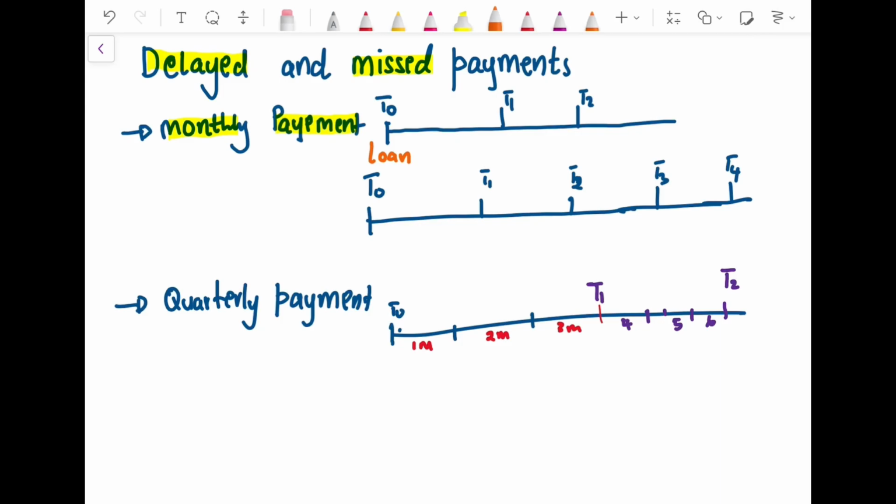So it is normal to make the first payment in 1 month's time. So at the end of the month, you must make your first payment, and then you continue to do so until you finish your loan. So here, you pay every month.